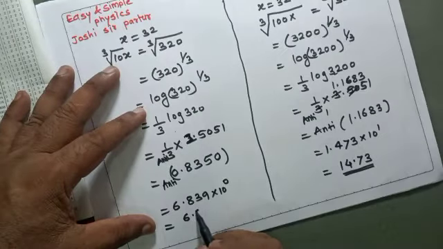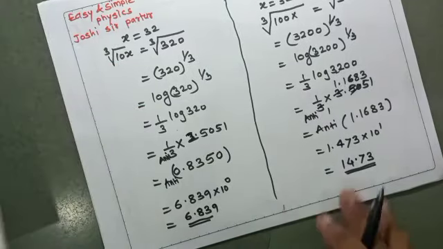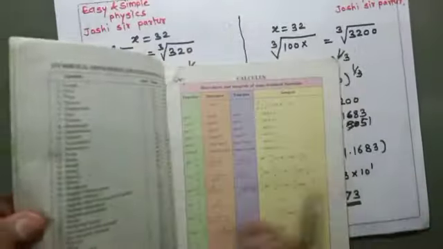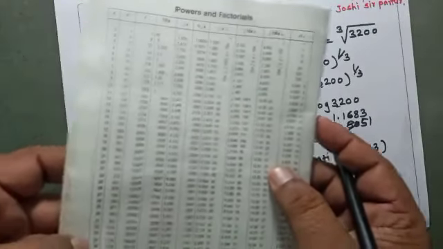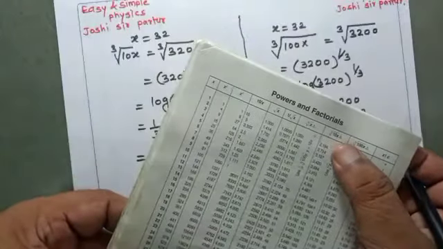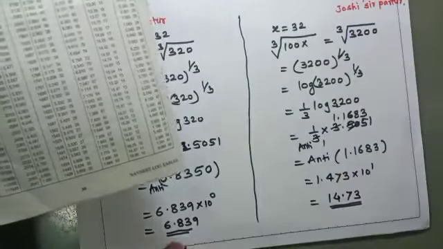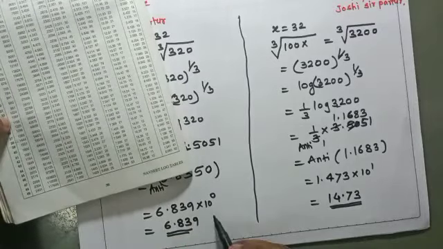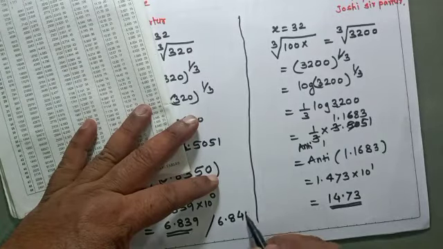And here the answer will be 6.839. If we check using powers and factorials, for 32, cube root of 10x gives 6.840. Here our answer is 6.839, and in powers and factorials it is 6.840.